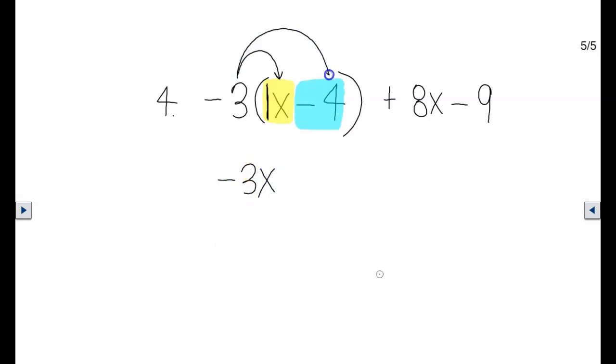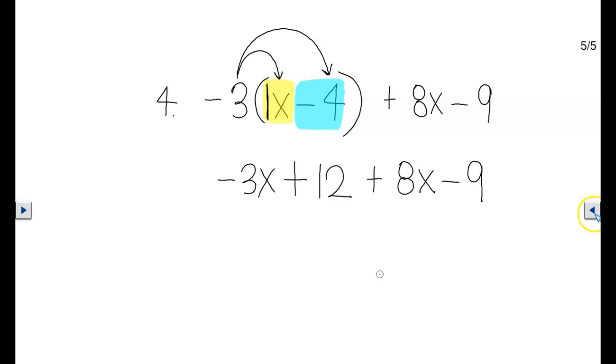Then negative 3 times negative 4. Negative 3 times negative 4 is positive 12. So plus 12. Parentheses end at that point, so these 2 terms are just going to move down. I'm finished distributing, so everything else just moves down.